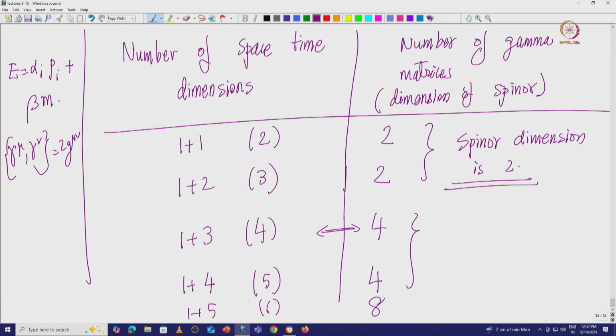In the second case, even if there are 2 alpha matrices, it turns out only 2 of them are linearly independent. So, that is sufficient to explain all of the Dirac equation in 1 plus 2 dimensions. This is extremely important for understanding applications in condensed matter physics.